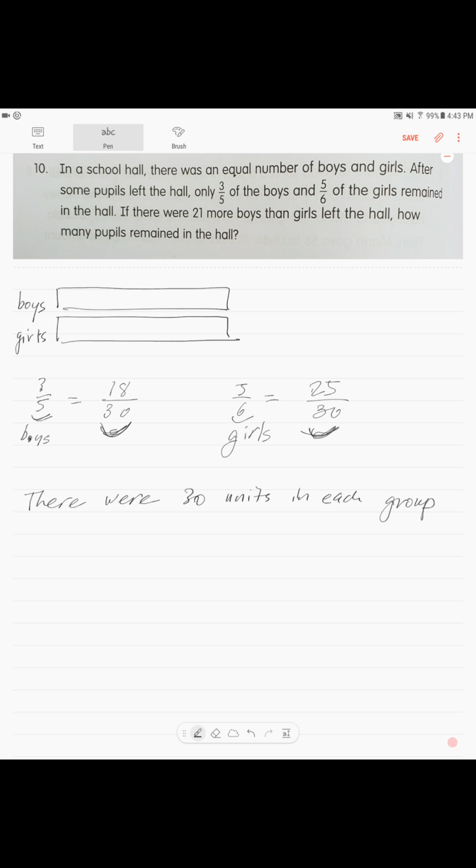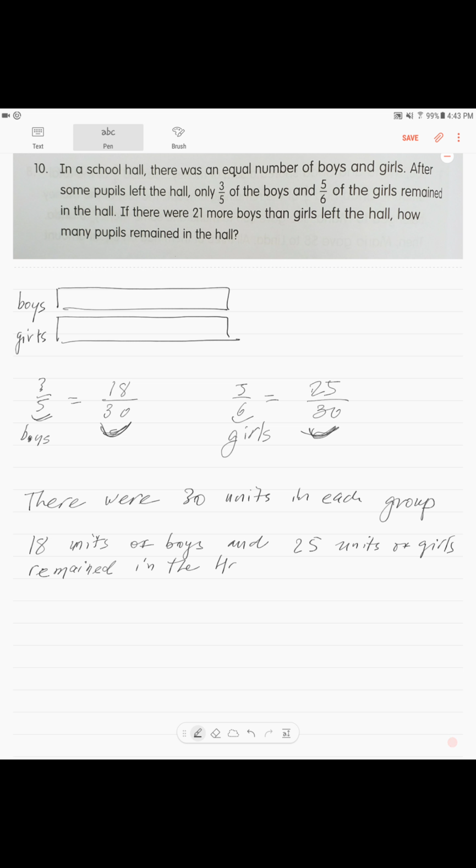Okay, so from here, right, you can see 18 units of boys and 25 units of girls. 18 units of boys and 25 units of girls. Okay, remained in the hall.